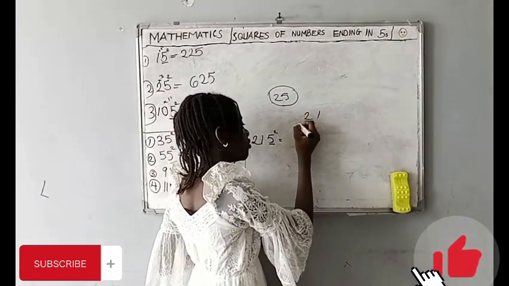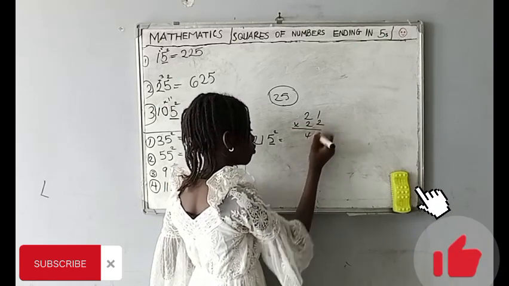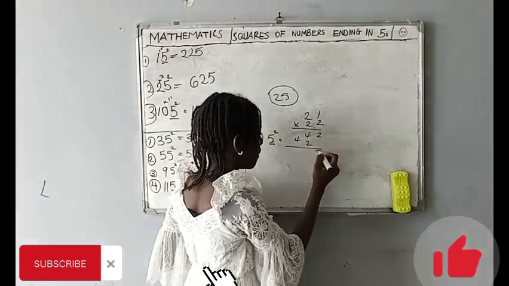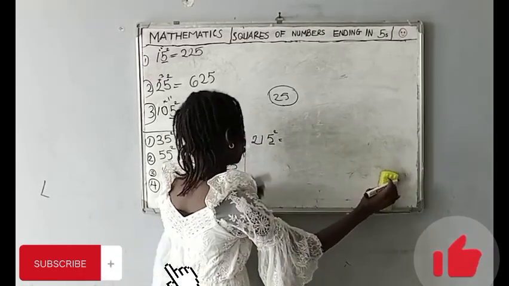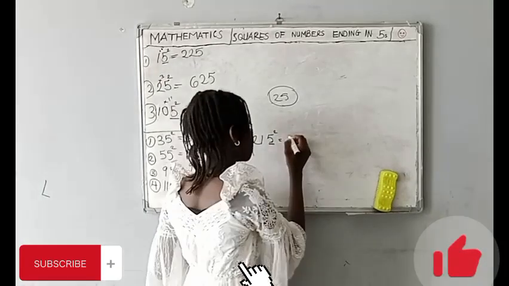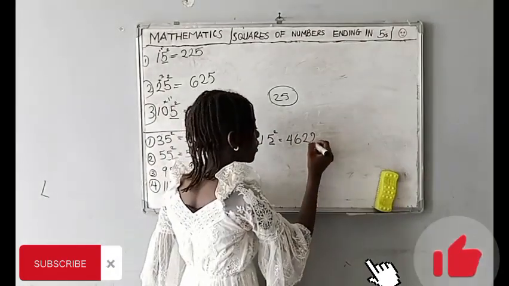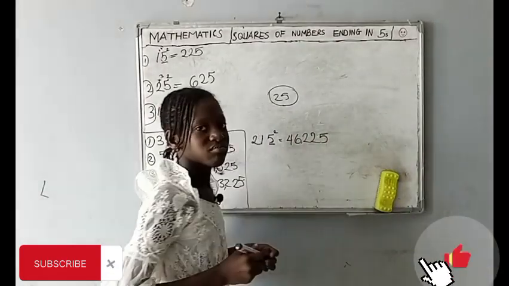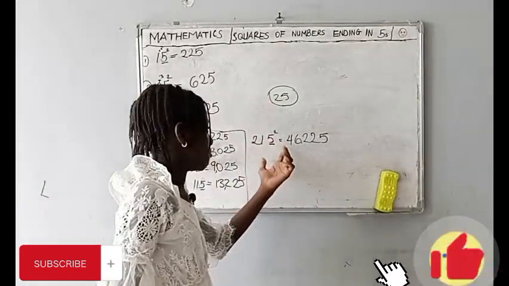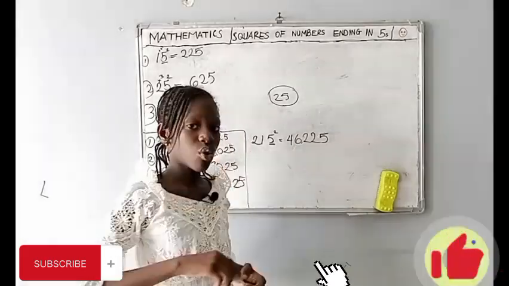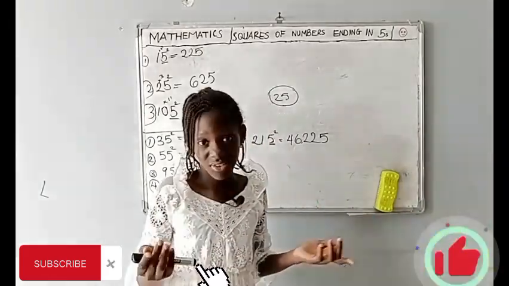Let's check. 21 times 22 is 462. Then 5 squared is what? 25. See? Even if you check your answer, 215 times 215, you might still get this. So, one of the secrets you should know is concentration on your math.